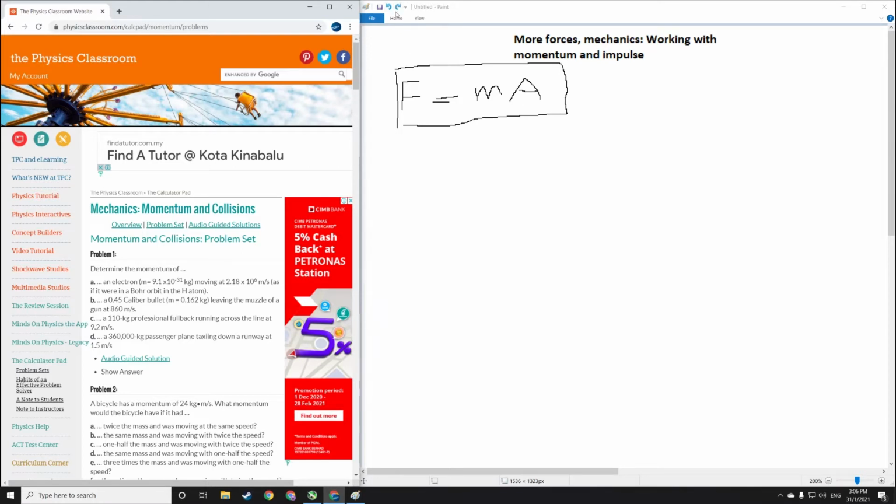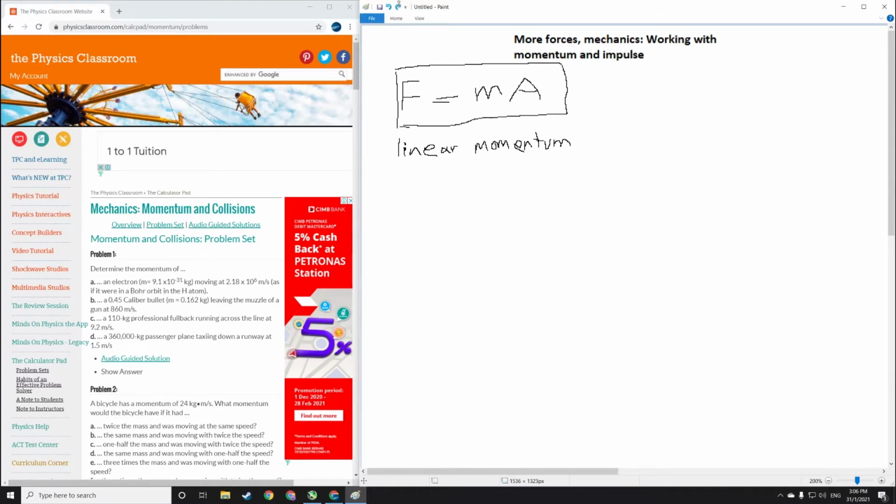Now, we're going to define a new quantity today, and that's going to be called linear momentum, as you can see. Linear essentially means in a straight line, and the reason why we specify linear momentum is because we also have something called angular momentum, which is way outside the scope of the syllabus, so you don't have to worry about that.